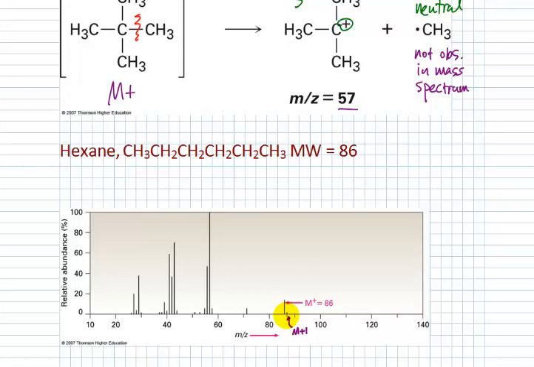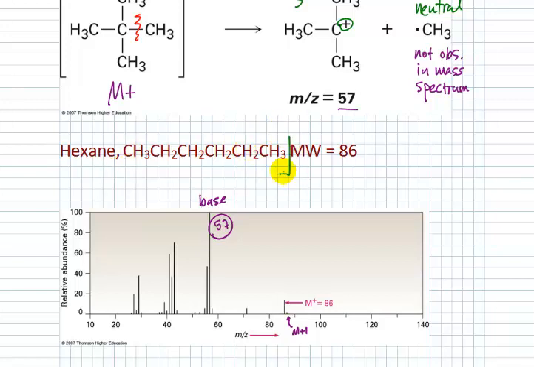The base peak here at 100% is at 57 AMUs, right? You can just look at the scale here and see it's 57. So we're going to be able to figure out where that comes from. But when I have hexane, when I have just some sort of hydrocarbon like this, the whole thing is 86.